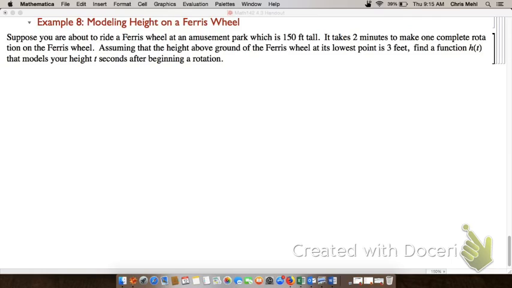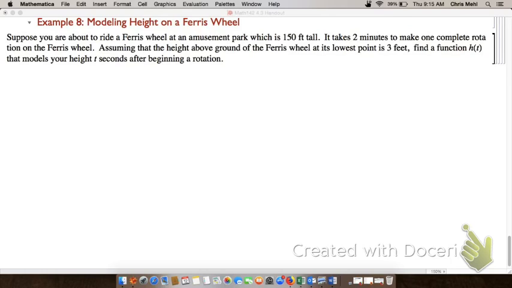That would correspond to the diameter of the Ferris wheel. It takes 2 minutes to make one complete rotation. Assume the height above ground of the Ferris wheel at its lowest point is 3 feet. Find a function h of t that models your height t seconds after beginning a rotation.